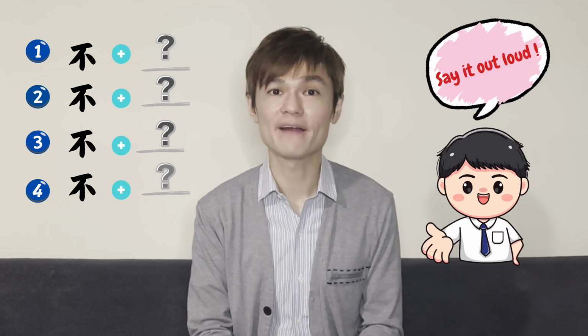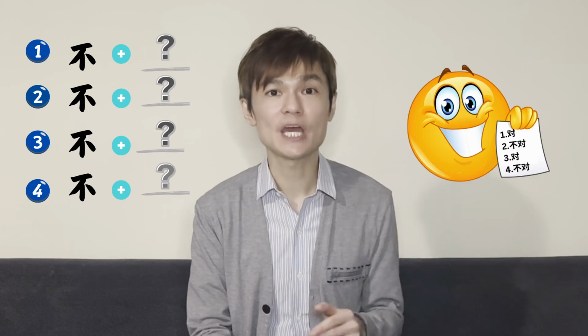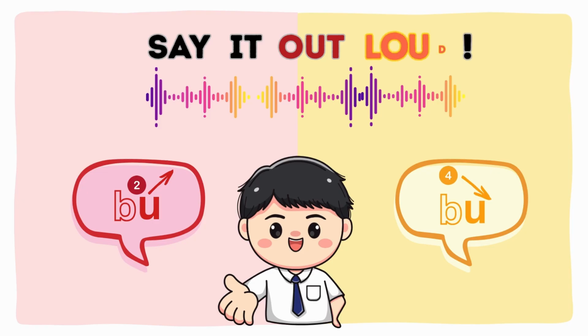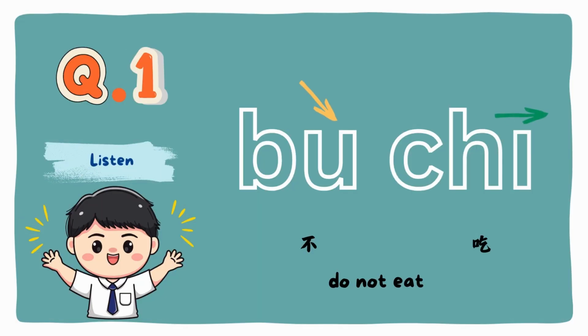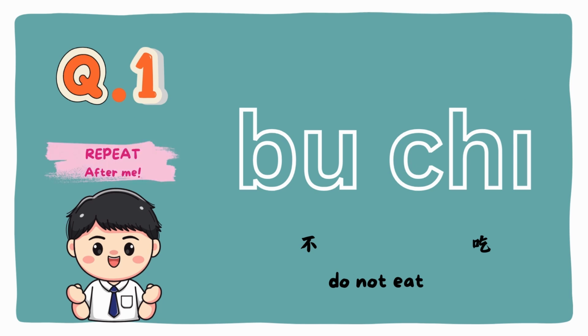Now, keep this tip in mind because it also applies to 不. Let's test it out with 4 sets of words that include 不. This time, I won't read them for you. Instead, you're going to say each pair out loud, and then we'll check the answers together. The first one. 不吃.